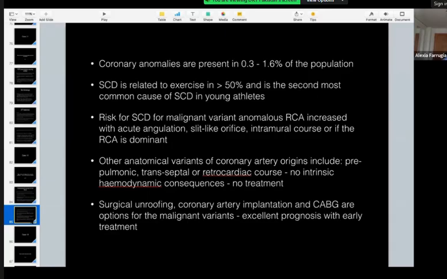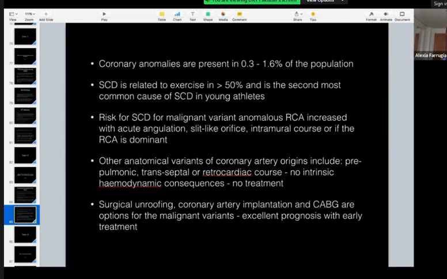So coronary anomalies are quite rare. They present in 8% of the population. They can present rather late as well. This lady was 48. Sudden cardiac death is usually related to exercise in more than half of patients. And this is the second most common cause of sudden cardiac death in cardiac athletes after HOCM or hypertrophic cardiomyopathy.